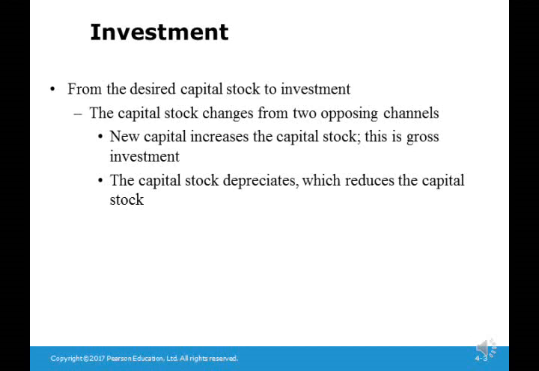But this increase cannot happen unless the total investment is larger than the investment directed to cover the worn out capital or the used capital, the depreciation that we talked about. And again, this is the measure of net investment.